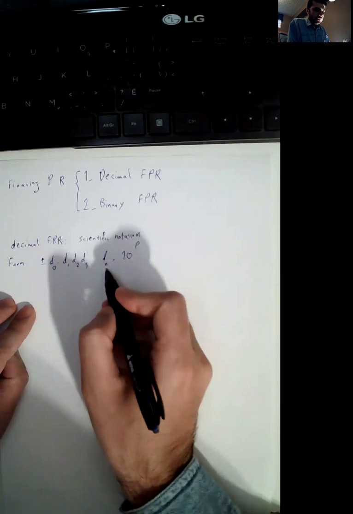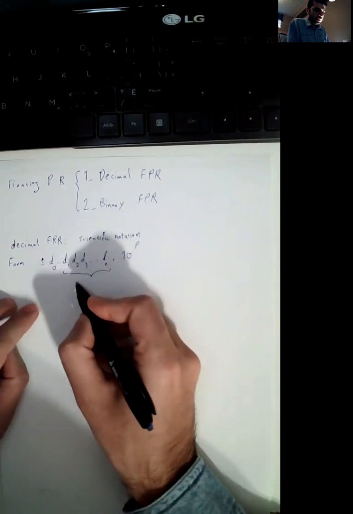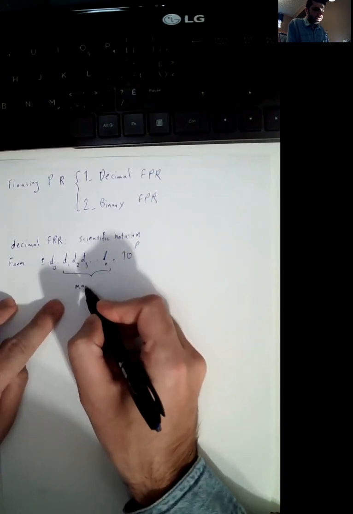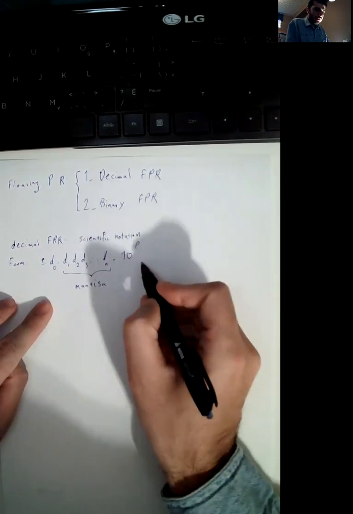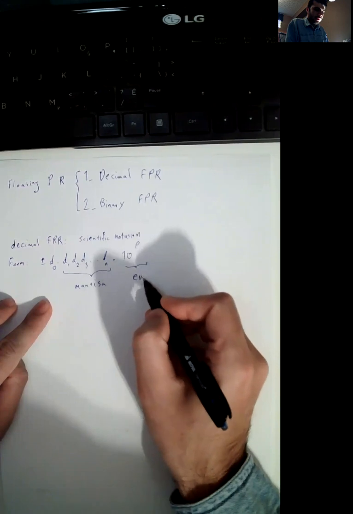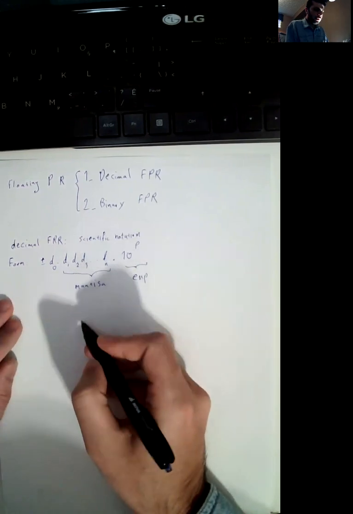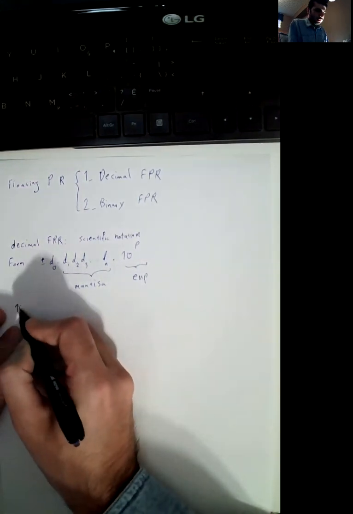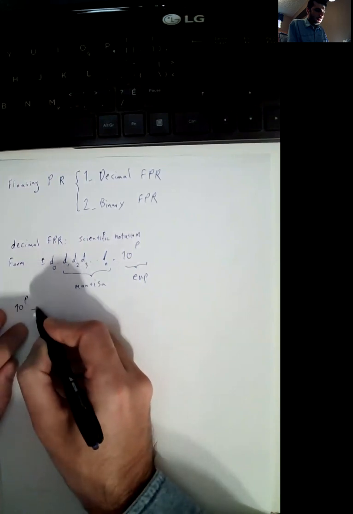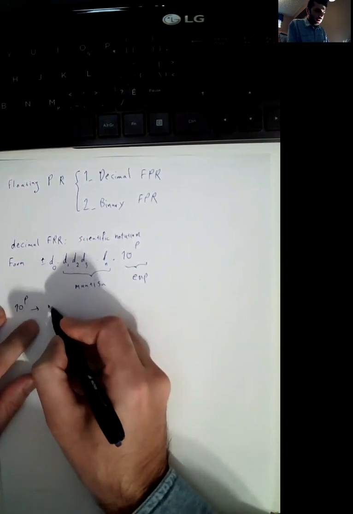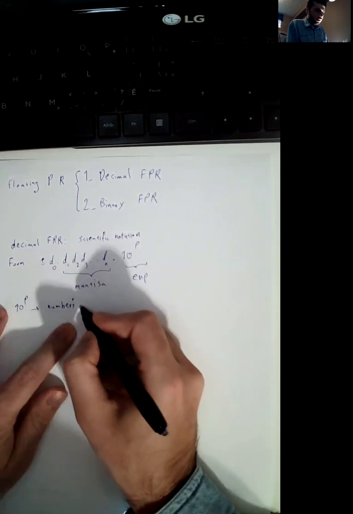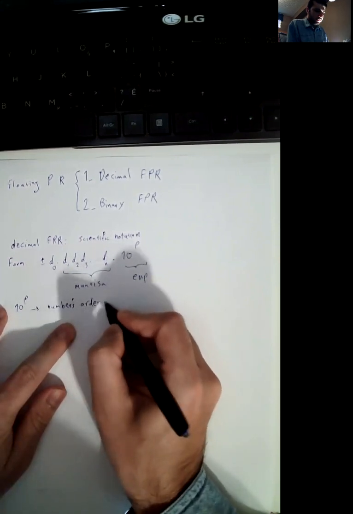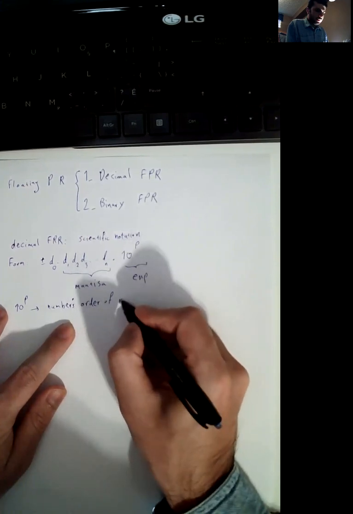This part is called the mantissa, and this part is called the exponent. So 10 to the power of p is also called the number's order of magnitude.